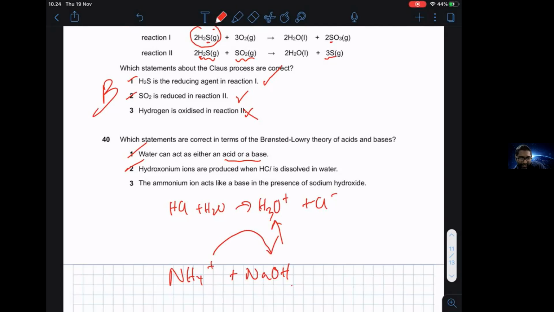Normally, ammonia would react as a base in the presence of sodium hydroxide, because sodium hydroxide is already a base.